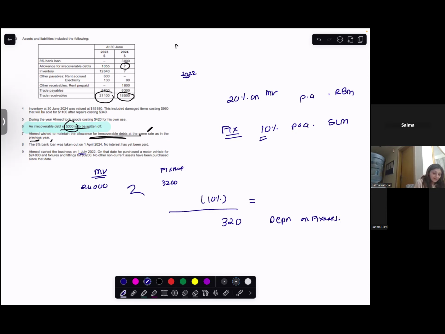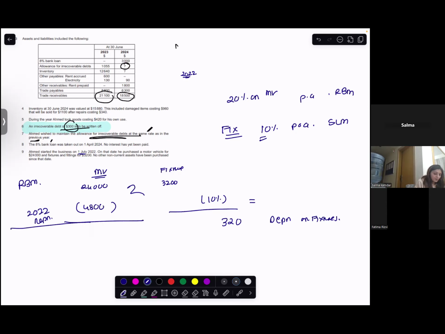Okay. Motor vehicle, it's the reducing balance method. That means I've used it for 2022. So first I will deduct 20% for 2022. So it's 24,000 into 20%, 4,800.